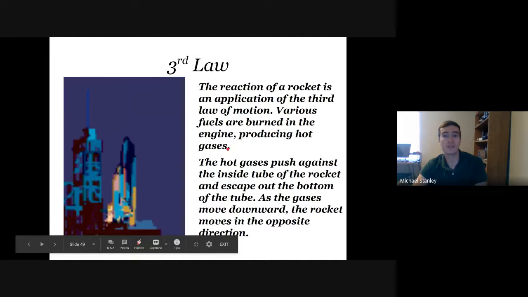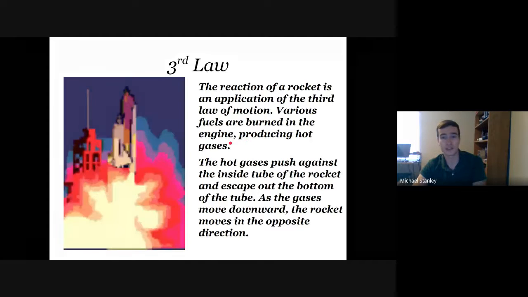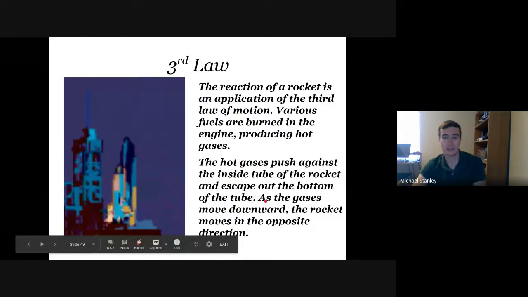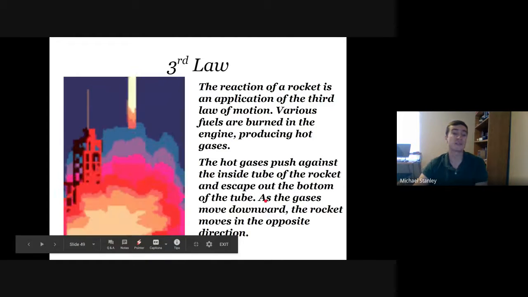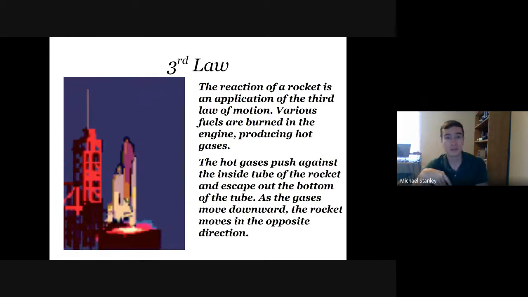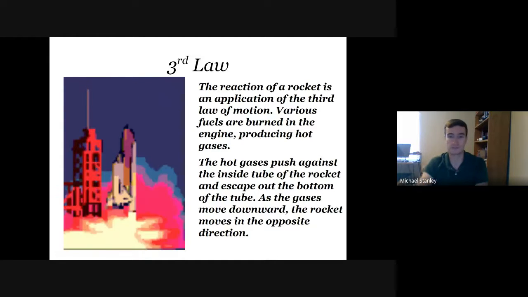So we have all of these intense hot gases from fuels being burned inside of the engine, and they escape out the bottom of the tube down here. So as the gases move downward and exert a force downward, there's an equal force that's then exerted upward on the rocket ship itself.